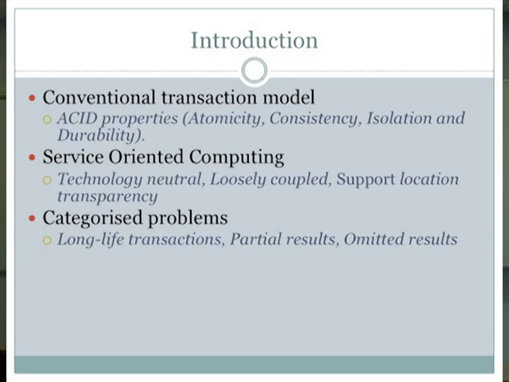Isolation means that when we have concurrency, with many transactions running together, each transaction has the illusion that it is the only one. Nobody else is touching this data. A database system is supposed to provide this illusion.